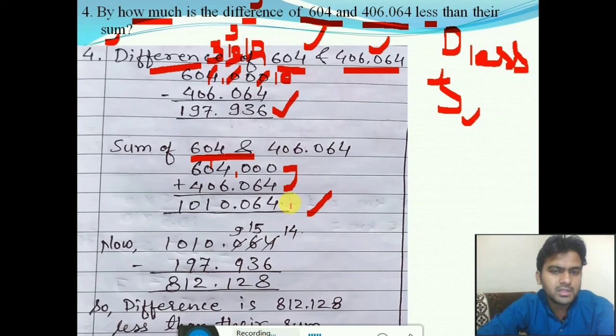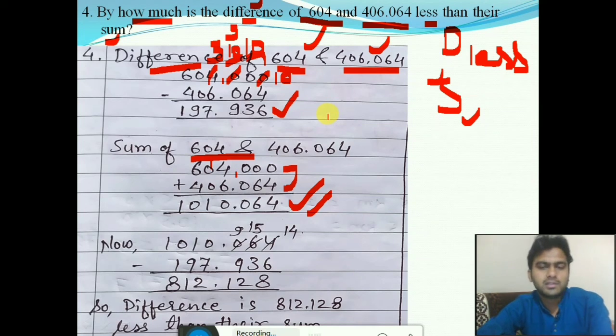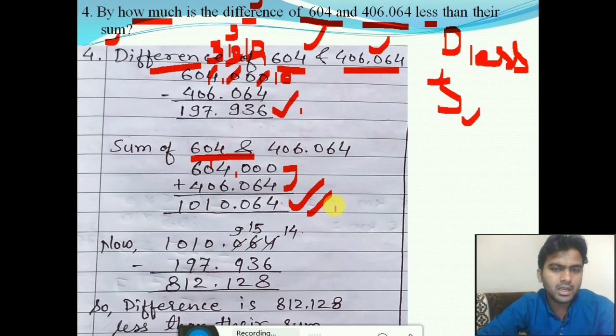So the sum is 1010.064. How will we find out how much the difference is less than the sum? By finding the difference of these two, the sum and the difference.